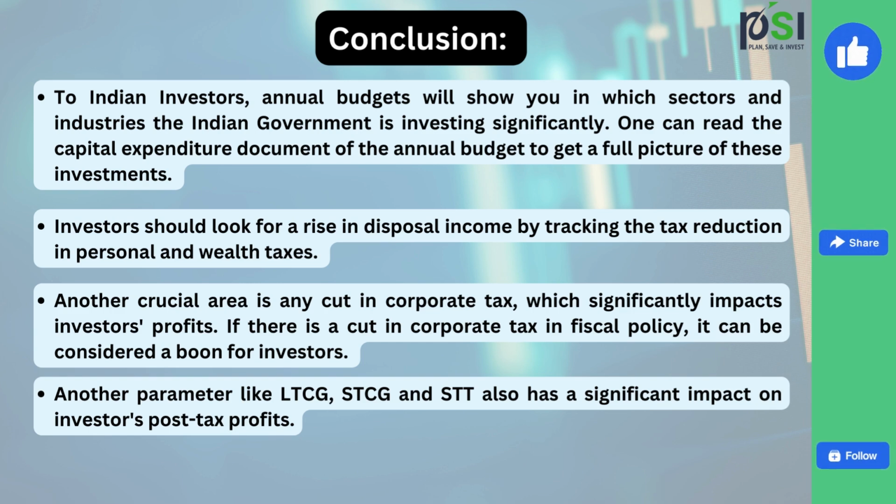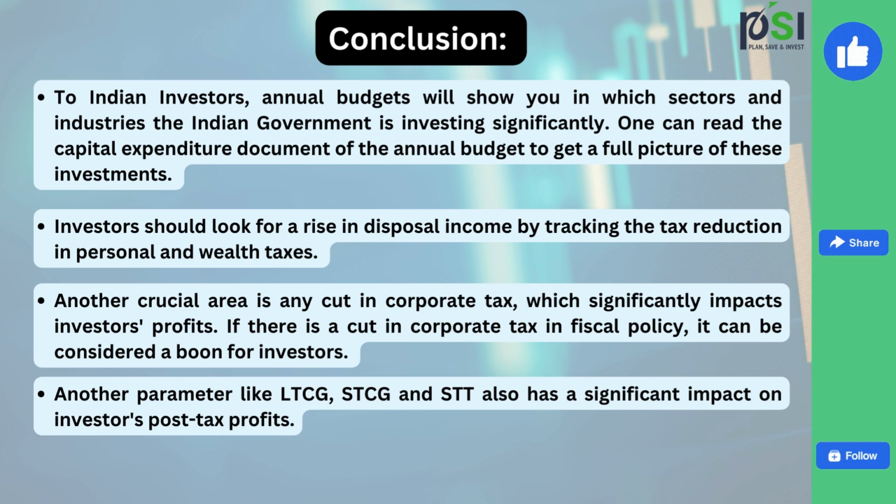Unfortunately, this time LTCG has been touched and STCG also touched, which is not a good move from the finance ministry, because traders and investors are already paying STT. So it doesn't make sense to pay LTCG and STCG again. Too much tax is applicable on profits and transactions.